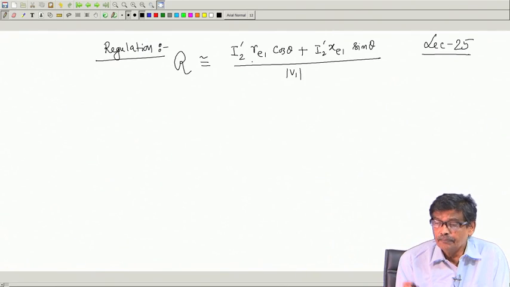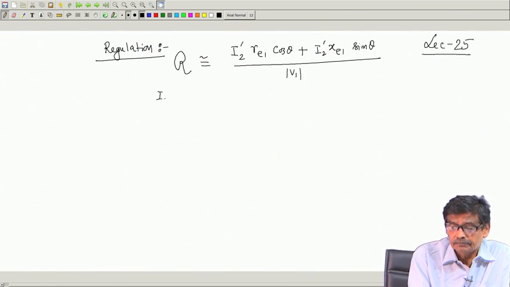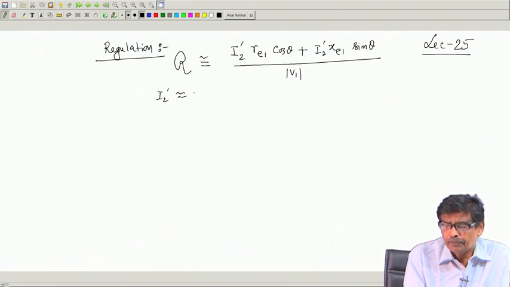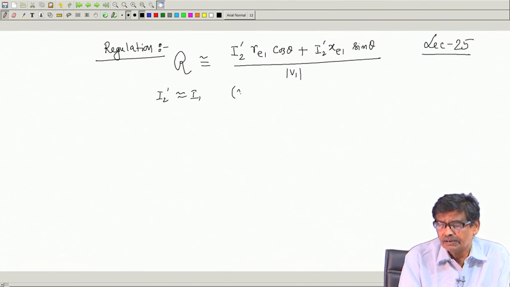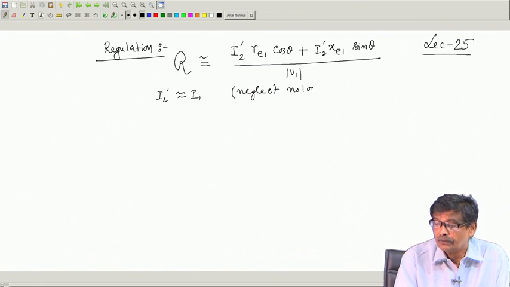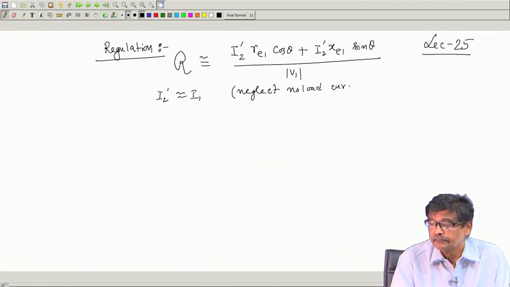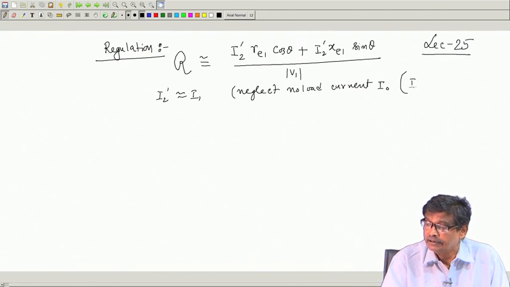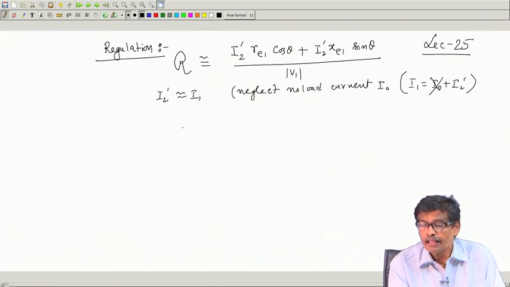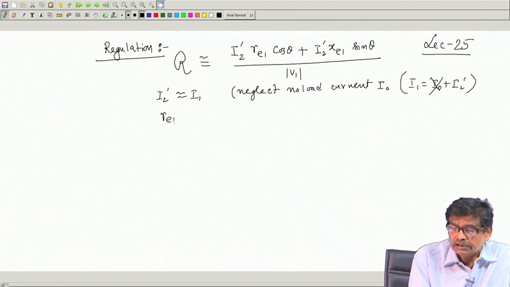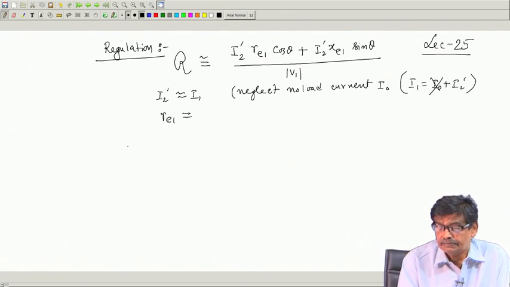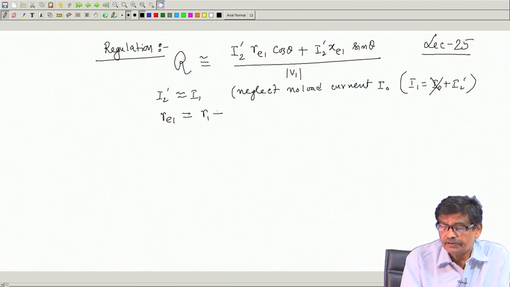What are the terms? I2 dashed is approximately equal to I1, because you can neglect the no load current I naught. Recall that I1 is the phasor sum of I naught plus I2 dashed. Re1 is the equivalent resistance of the coils referred to the primary side.